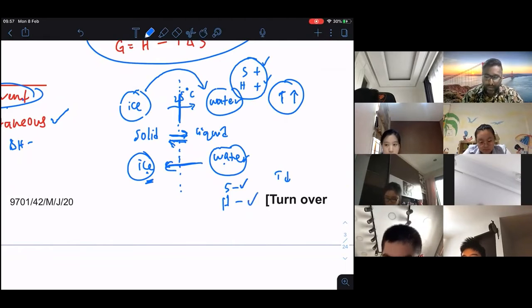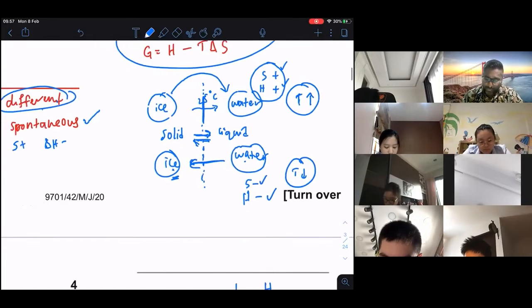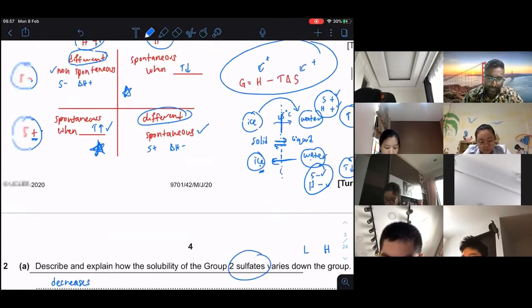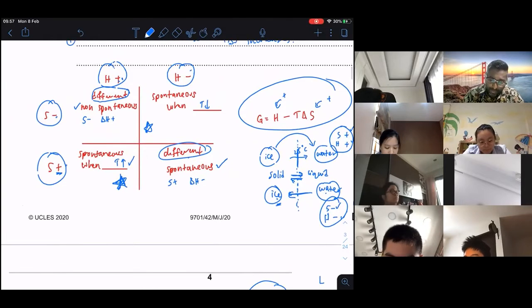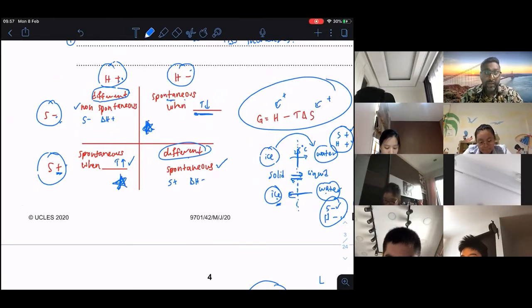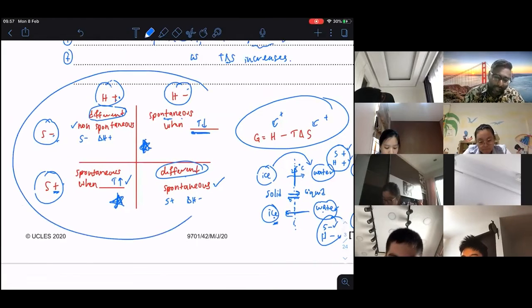So this can only happen if you have lower temperature. So just use this one, negative, negative, temperature is low. So this reaction is only spontaneous when the temperature is low. And all this knowledge is important.